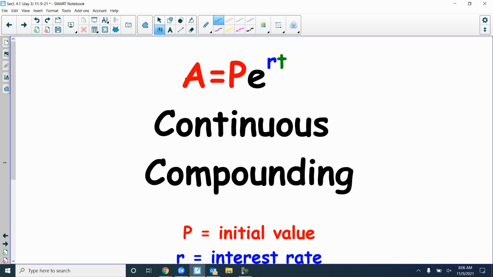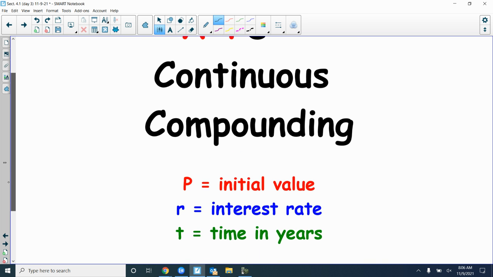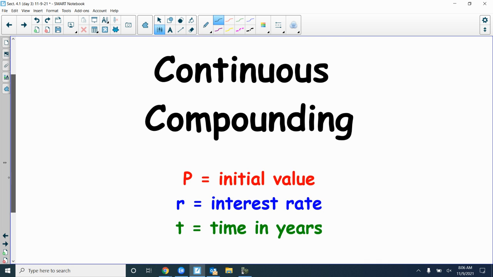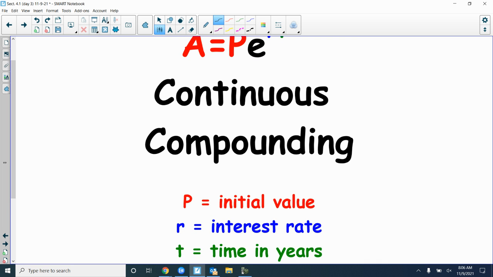P times e to the rt. P is your initial value, r is your interest rate, t is the time in years. But it must say continuous compounding. It cannot be compounded quarterly or monthly or daily. Then you use your compound interest formula.